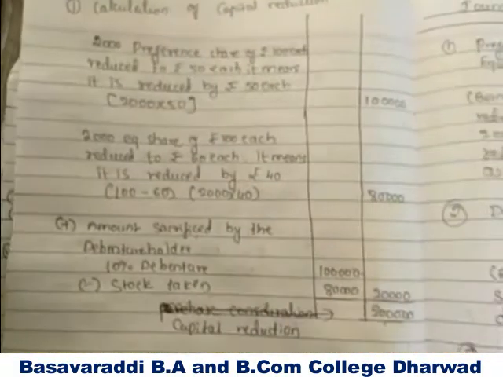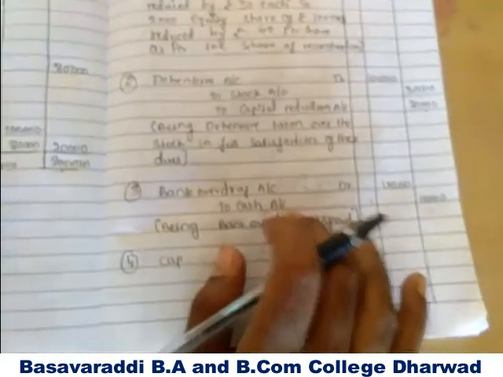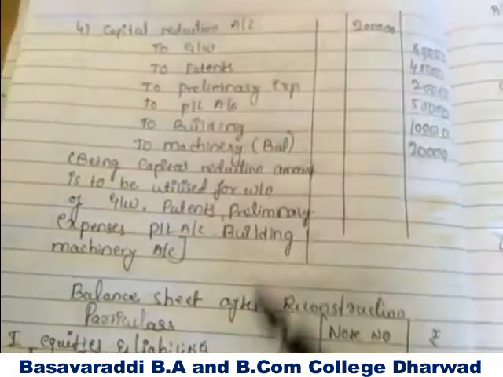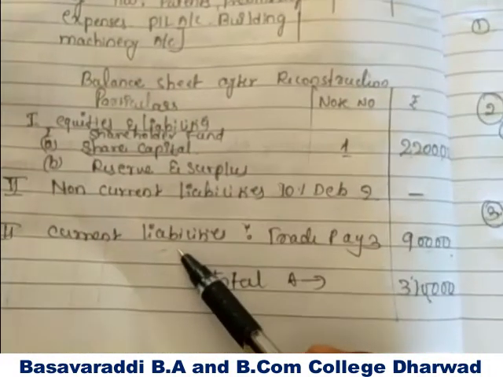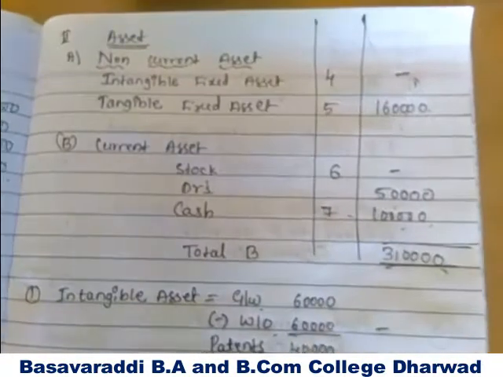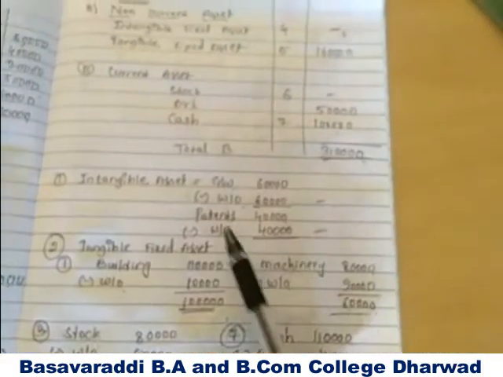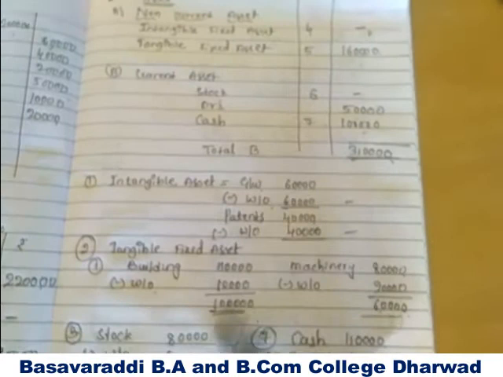So, first we have to calculate the capital reduction. After that we have to pass the necessary journal entries, and then the last entry is utilizing the assets. Next, after that we have to prepare the balance sheet after reconstruction. To prepare the balance sheet after reconstruction, we have to prepare the notes regarding the balance sheet after reconstruction.